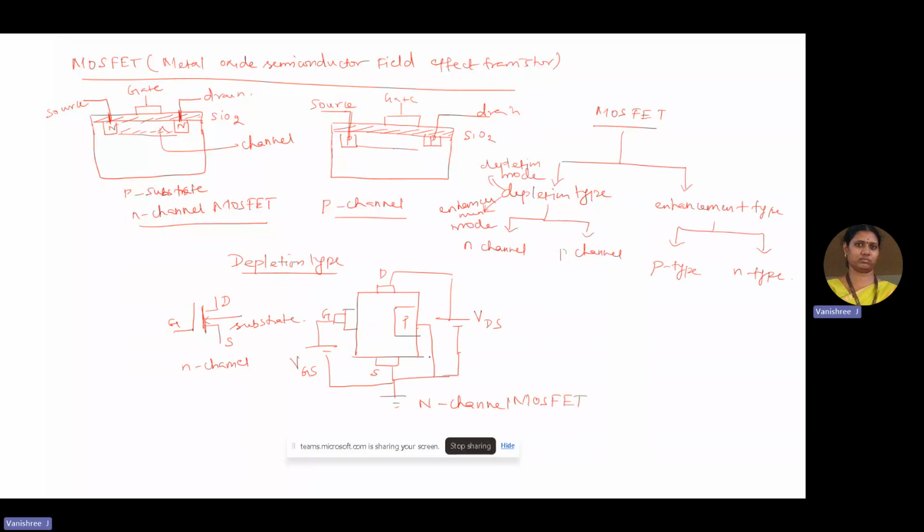So coming to the depletion type MOSFET, it operates for all the three values of gate voltage. Whenever the gate voltage is equal to 0, there is a minimal flow of drain source current, the so-called IDSS. So that is why this depletion type MOSFET is generally called a normally on MOSFET.